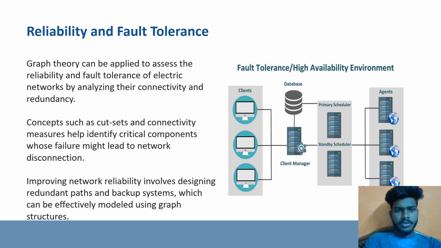Reliability and fault tolerance. Graph theory can be applied to assess the reliability and fault tolerance of electric networks by analyzing their connectivity and redundant connections. Concepts such as cut sets and connectivity measures help identify which component failures might lead to network disconnections.